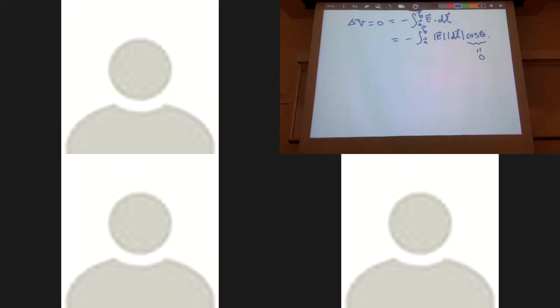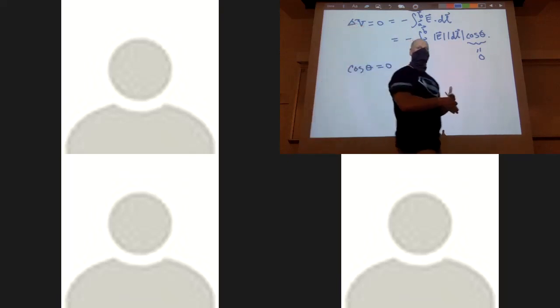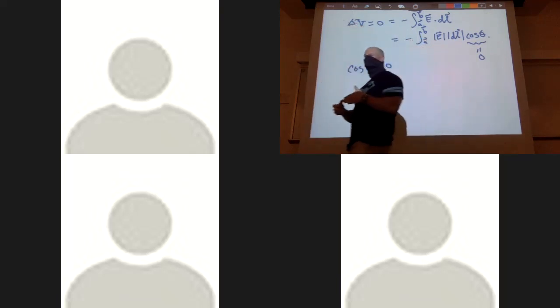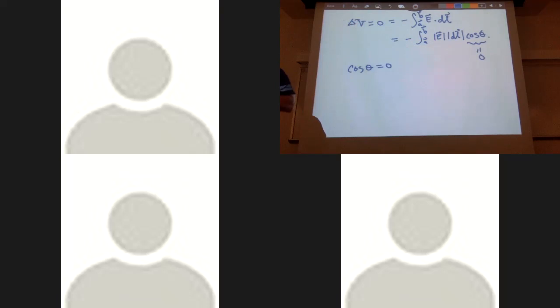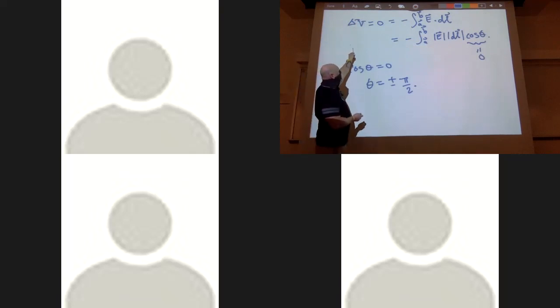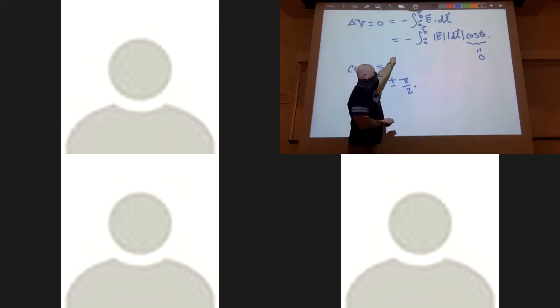So what does this tell me? If cosine of the angle is equal to 0, what angles give me 0? 90, 270, or plus or minus pi over 2. So what this means is that if I have an equipotential line, any point along it has the same potential.